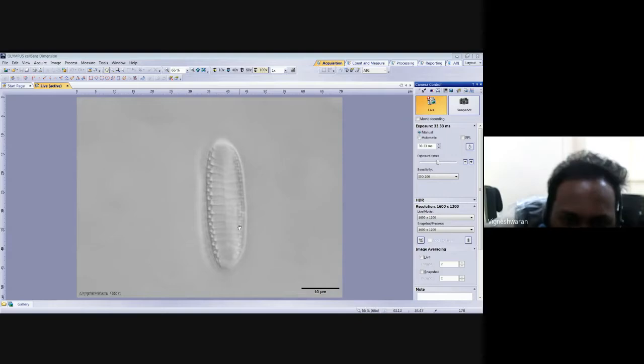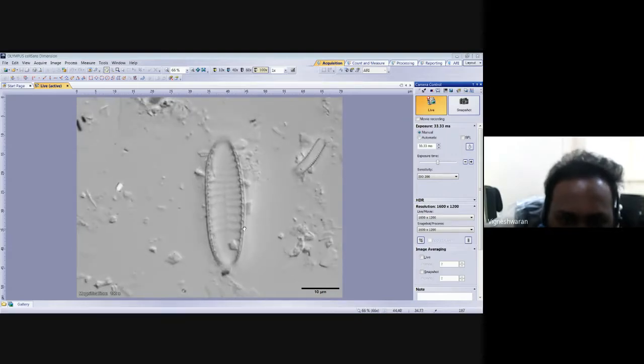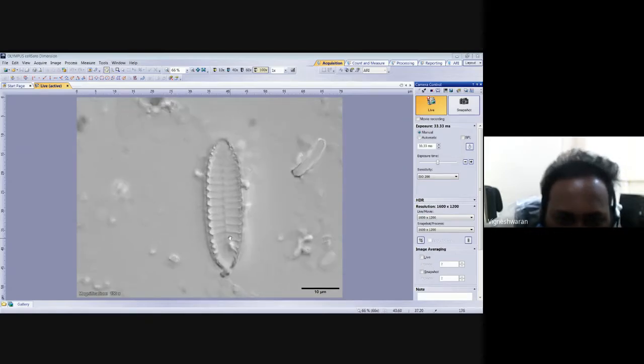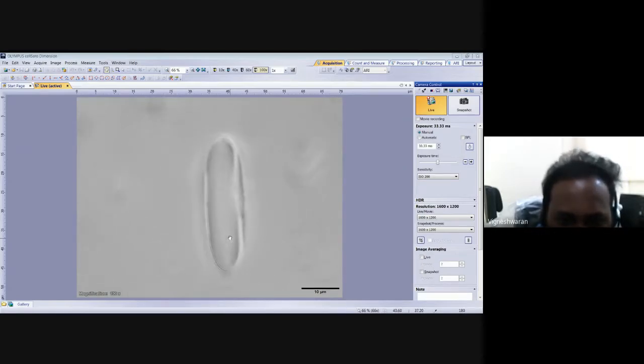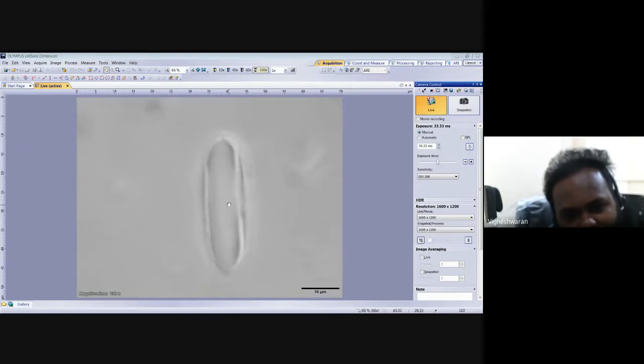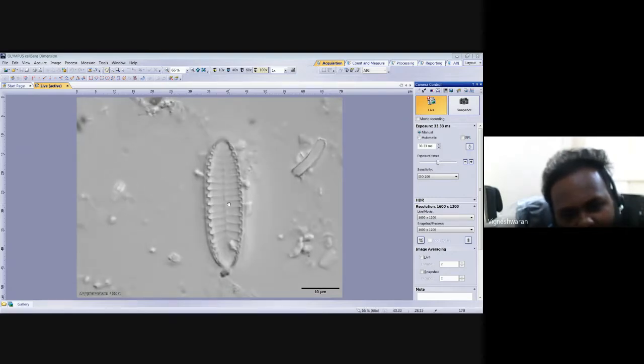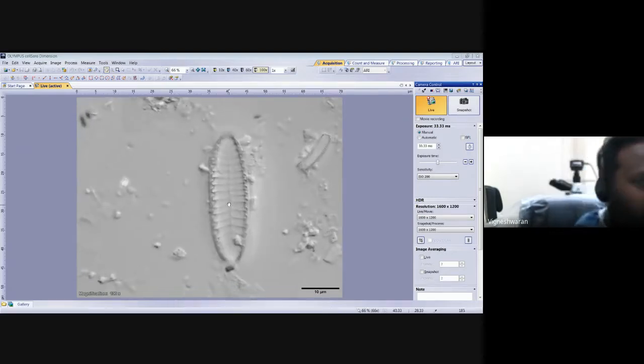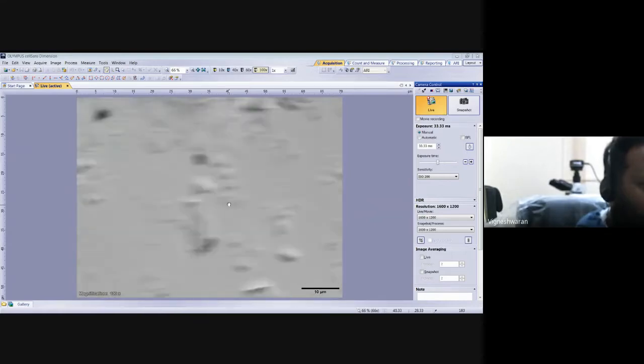If we go to SEM, it will be visible. And here I will show the upper wall and lower wall, both sides of the wall. I'm just focusing it. So now I'm seeing one wall of the diatom again. This is the back side of the diatom. Then we will go to the next one.